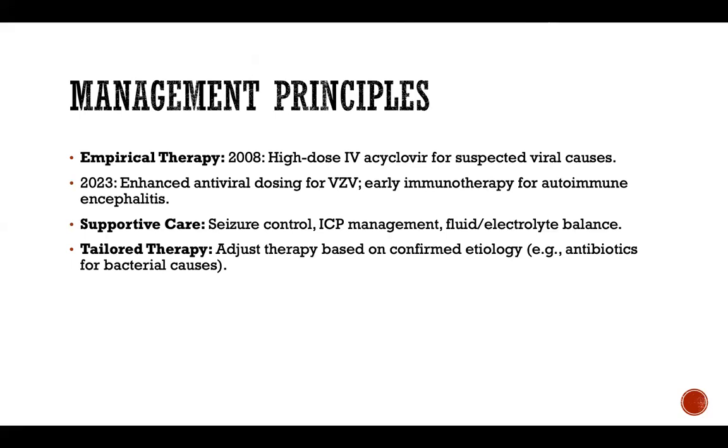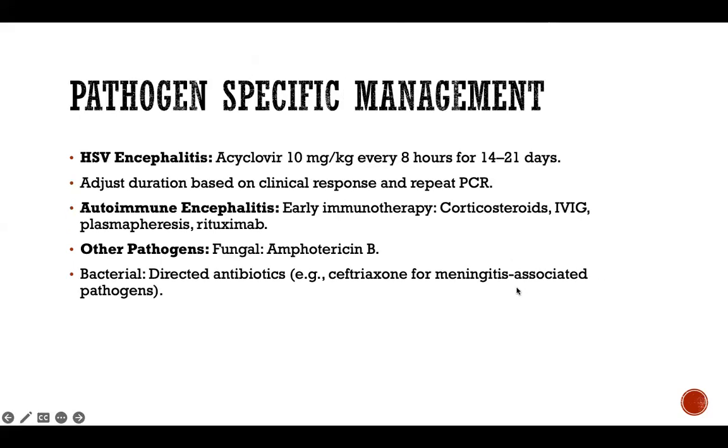It's corticosteroids, and IVIG can be given, and sometimes you have to do plasma exchange, and rituximab can be given for that. Cyclophosphamide and all those things. Yeah, the autoimmune encephalitis.